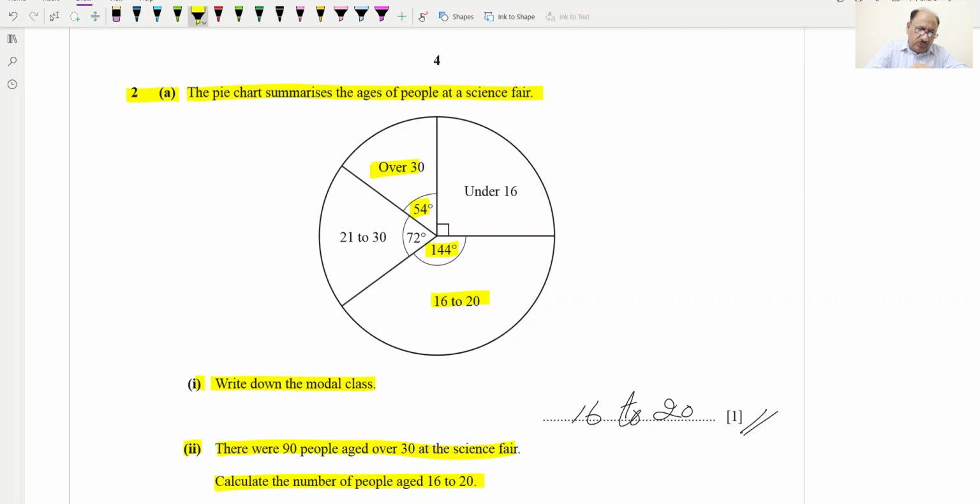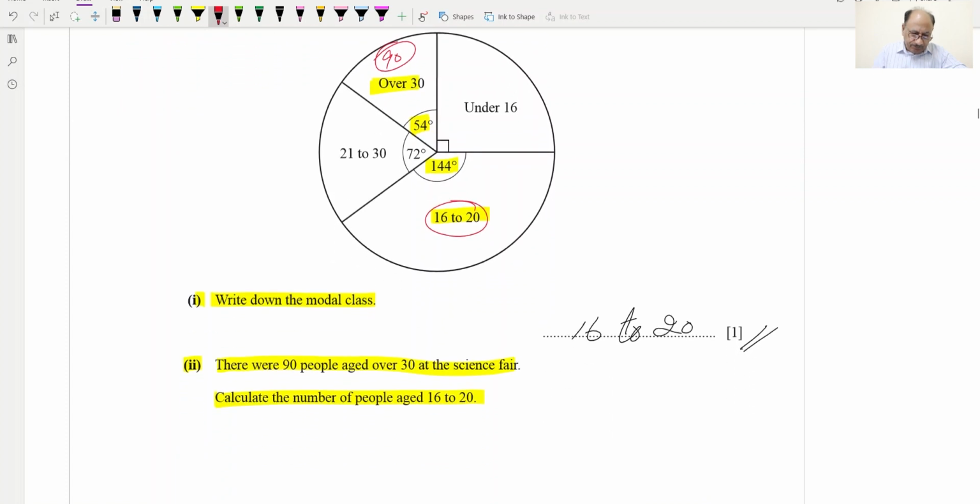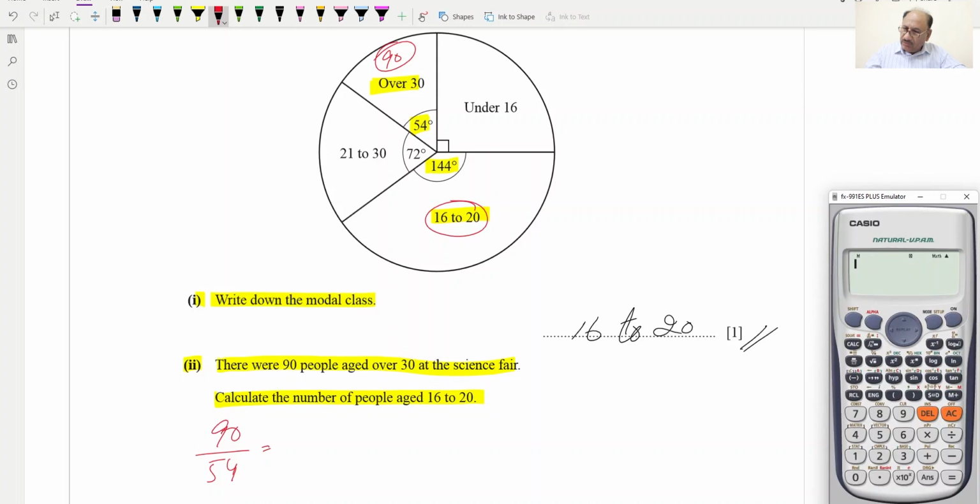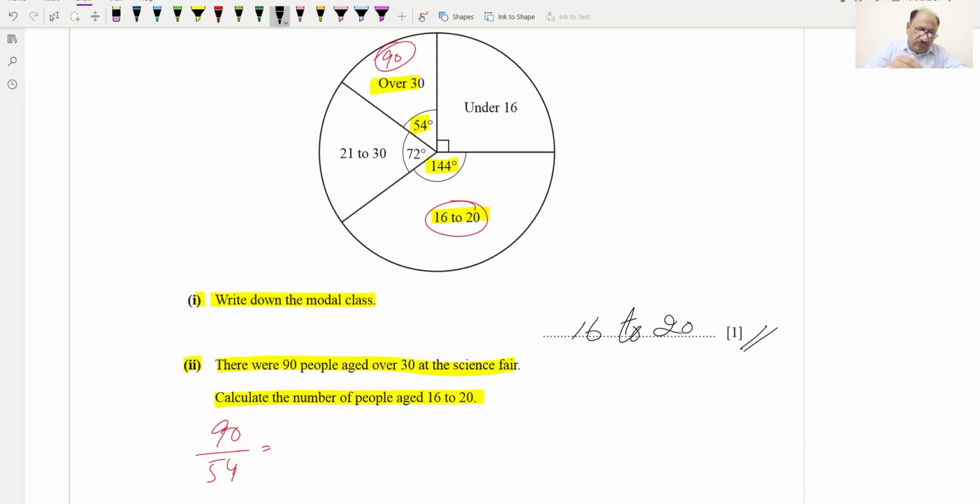So 90 people divided by 54 gives the number of people per degree, which simplifies to 5 by 3.